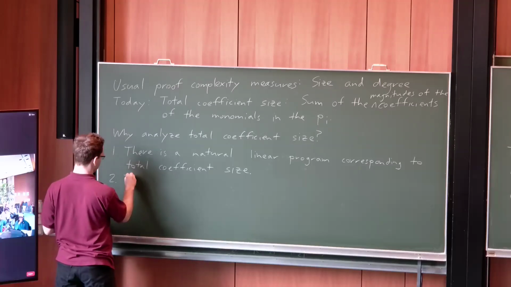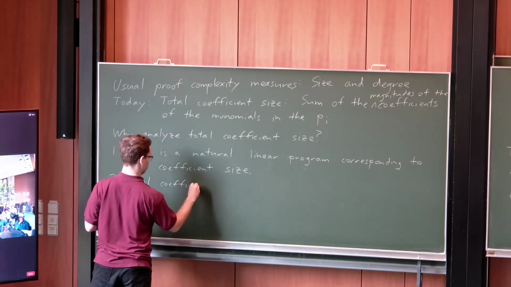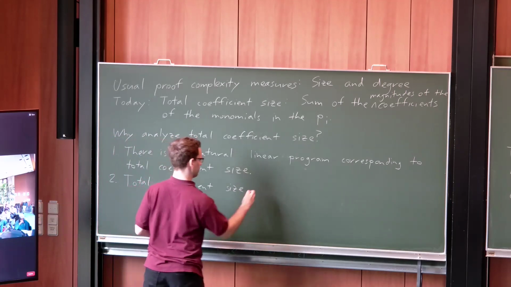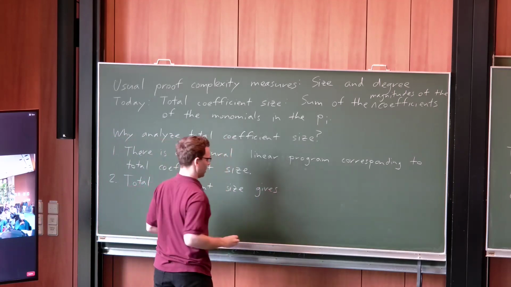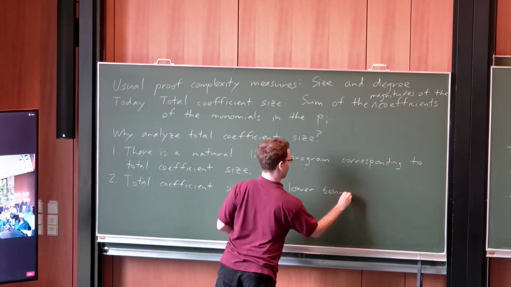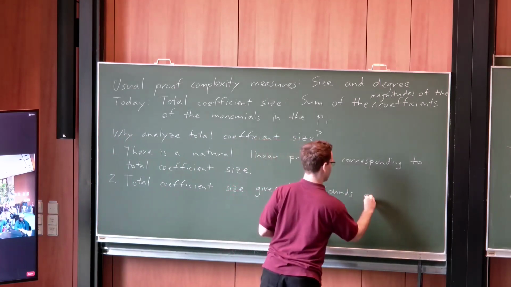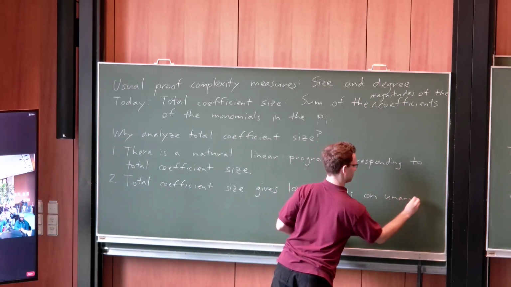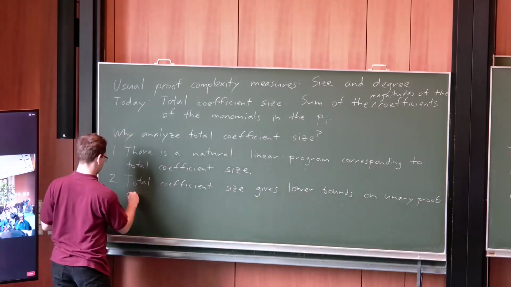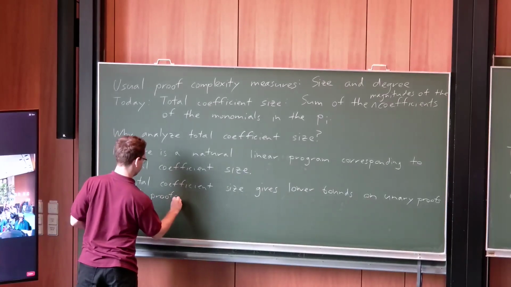And second, total coefficient size gives lower bounds on unary proofs and proofs with bounded coefficients.